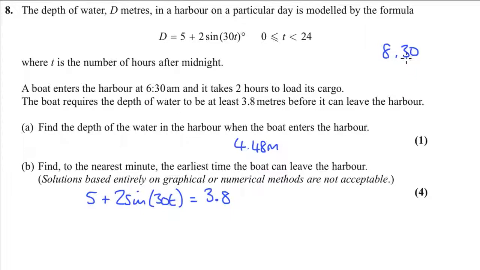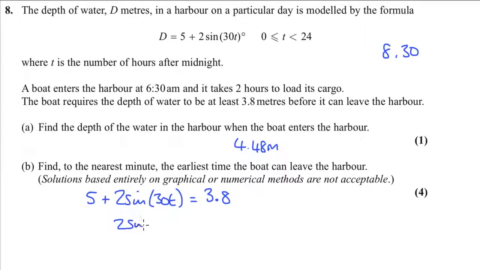So we want the first time after 8:30 that the boat can leave the harbour. So we need a value where T is greater than 8.5. So the first one, maybe even the second one, might be no good to us. Anyway, let's solve this equation.